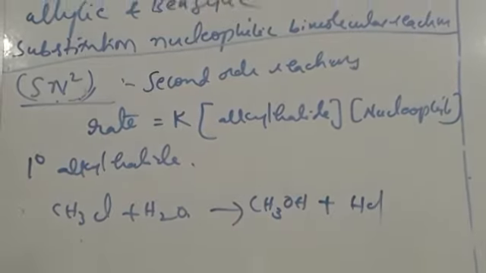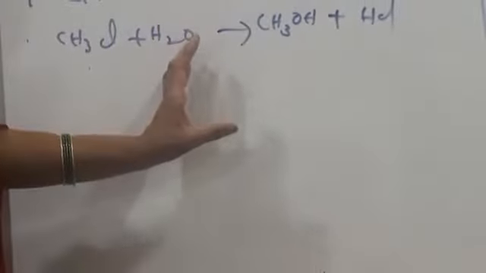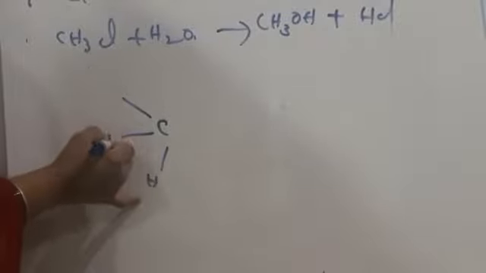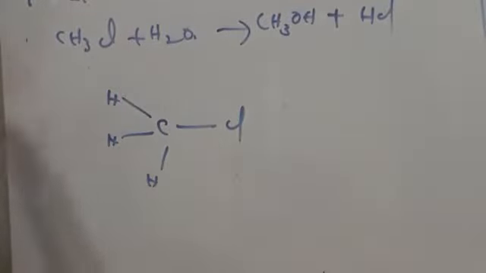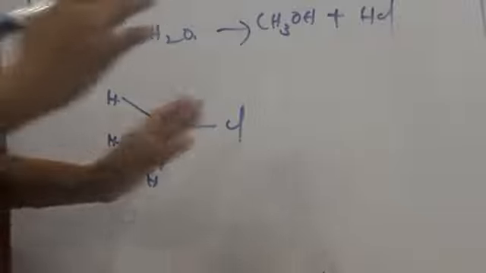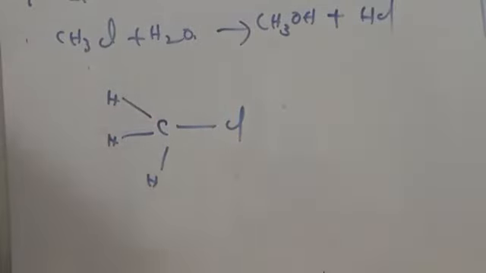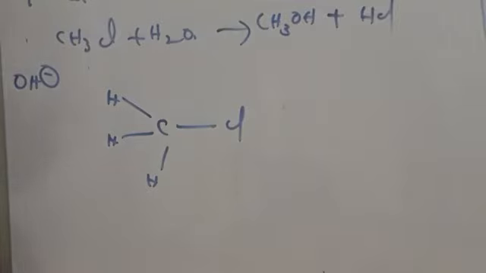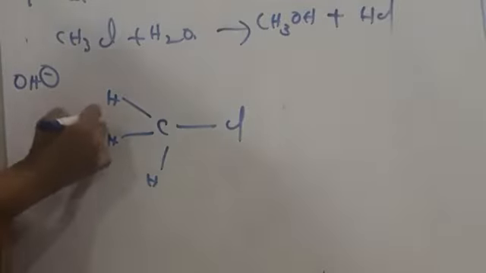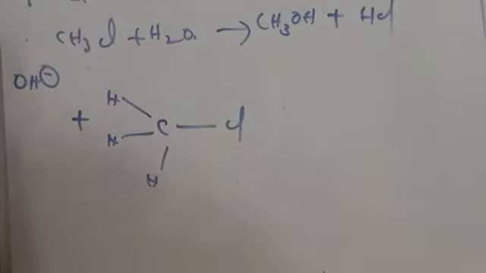And this reaction takes place through the formation of a transition state. If you write methyl chloride like this, all the hydrogens towards the left side and the chlorine atom towards the right side, and OH minus released from H2O. This is the nucleophile. So OH minus plus methyl chloride.